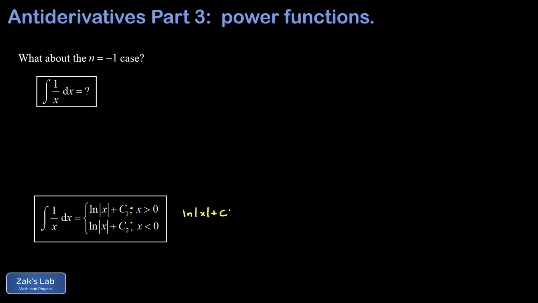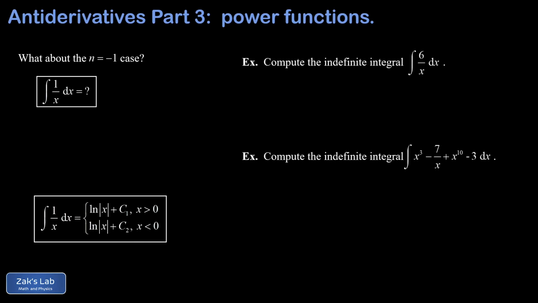And while that does differentiate to 1 over x for the left side and the right side of the real number line, it's not completely the most general thing that does differentiate to 1 over x. So this formula, natural log absolute value of x plus c, that's kind of what I use by default, unless we're doing some very unusual problem where the distinction actually matters, that you can pick different constants for the left and right sides of the real number line. So in the examples, you'll see me use that lazy approach.